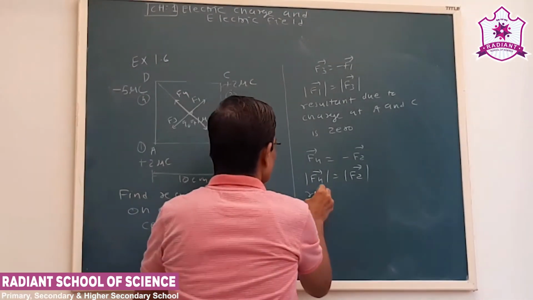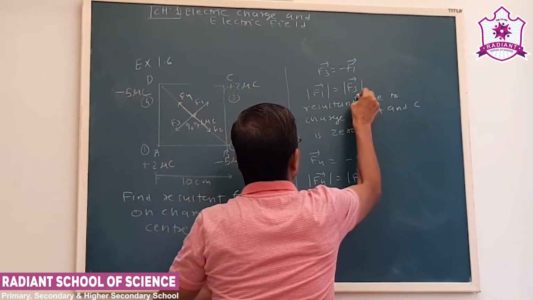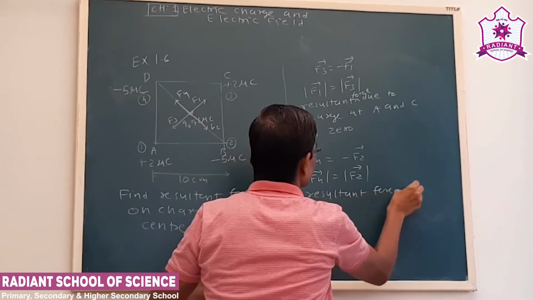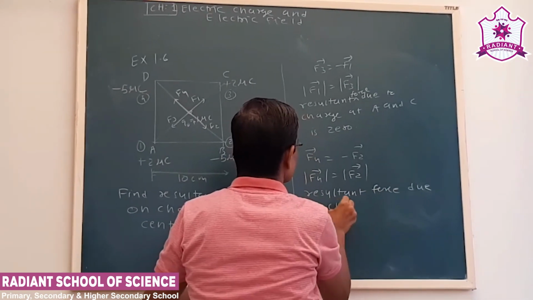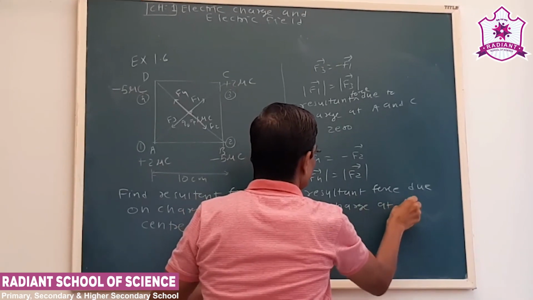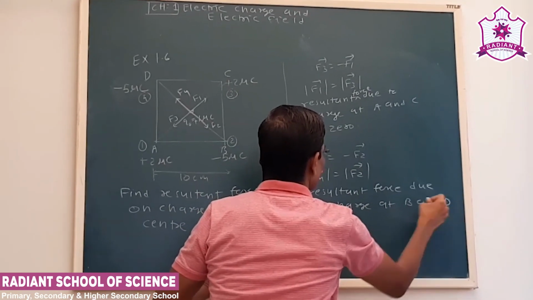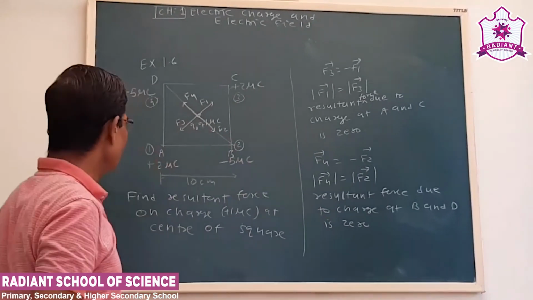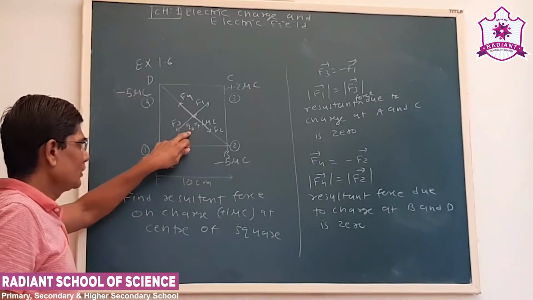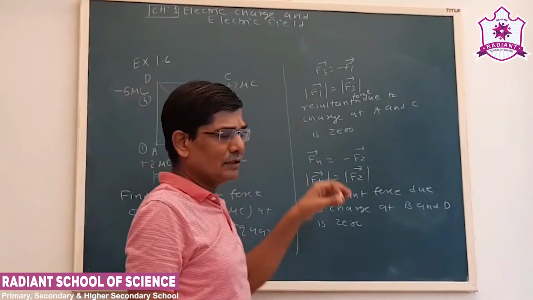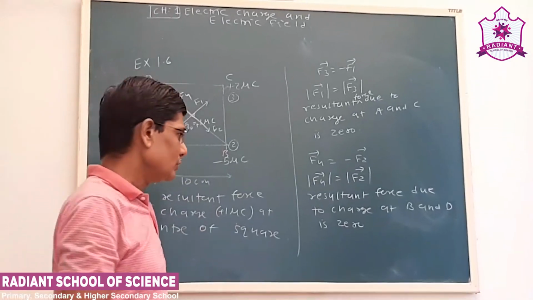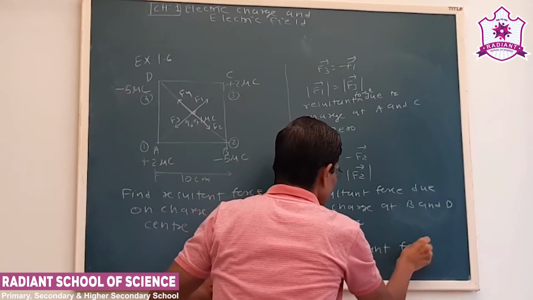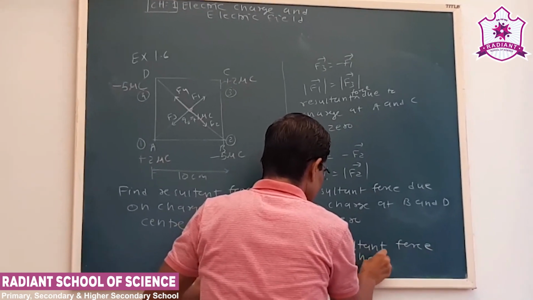So the resultant force due to the charges at B and D is 0. Okay. So here a total of 4 forces act on the charge Q0 at the center, but the resultant of all the forces is 0. That's why the resultant force on the charge at the center is 0.